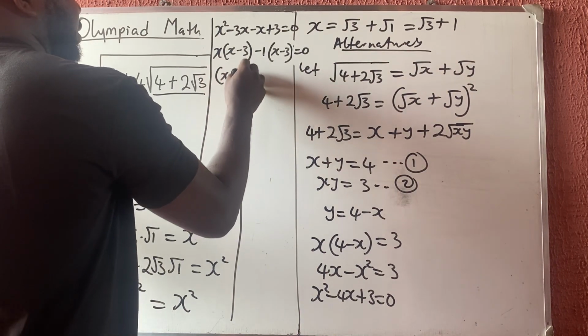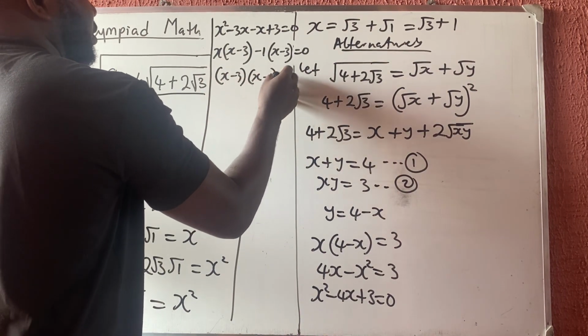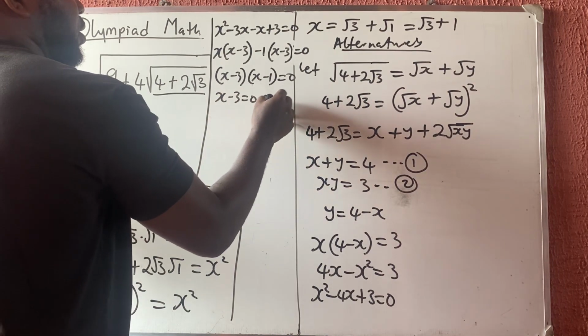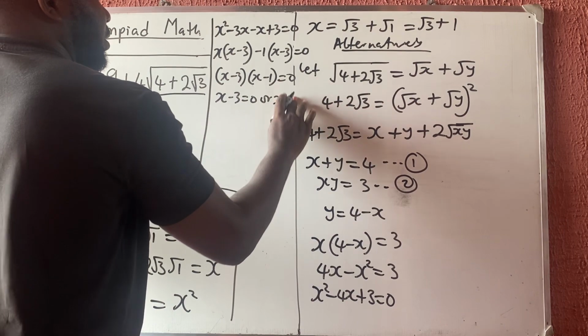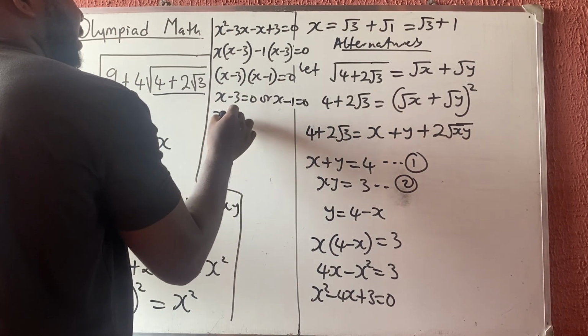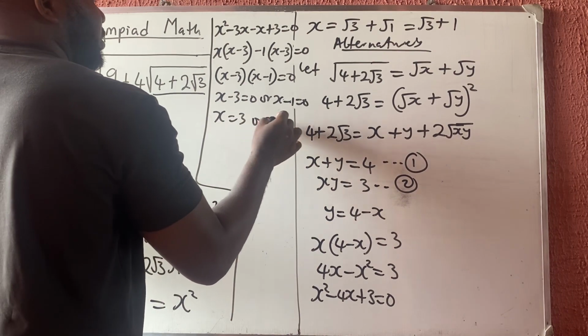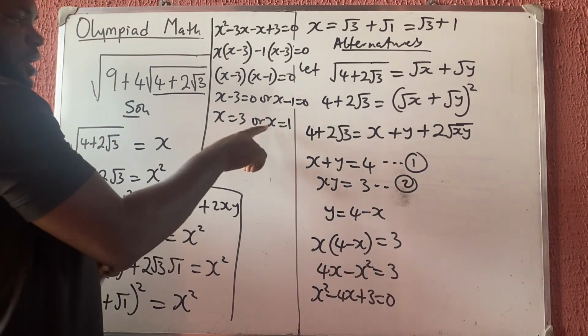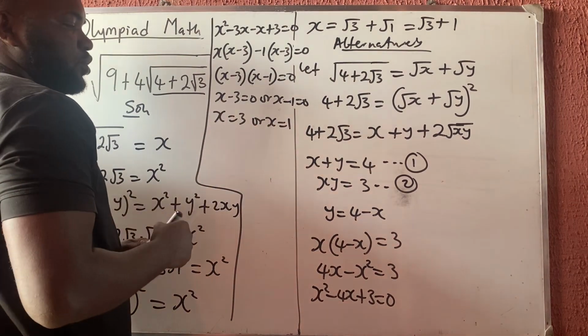That (x minus 3) and (x minus 1) is equal to 0. So we have that x minus 3 is 0, or x minus 1 is 0. So finally we have that x is equal to 3 or x is equal to 1. Okay, so now the same thing you got for x is exactly the same thing you're going to get for y.